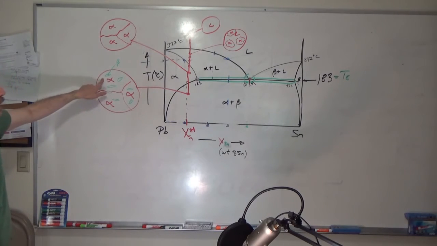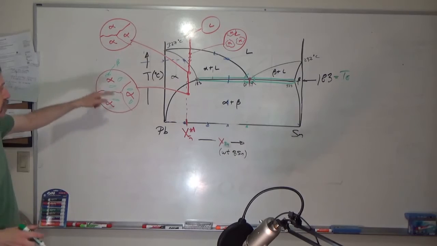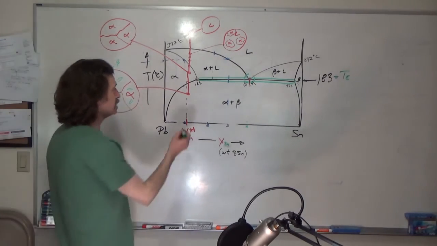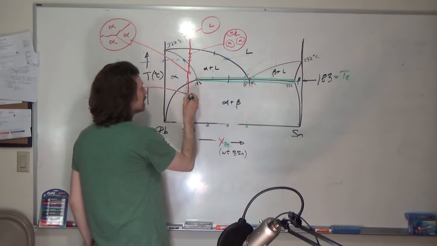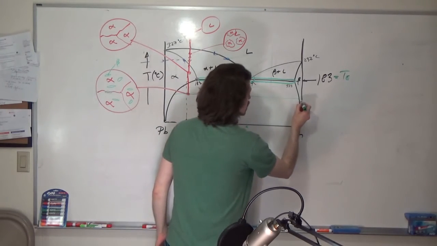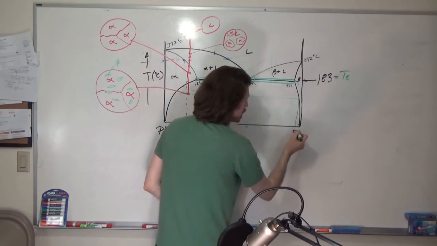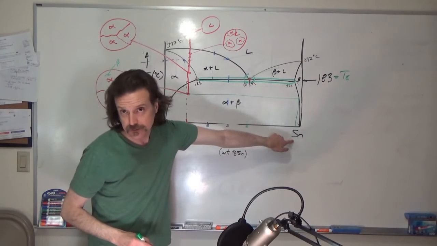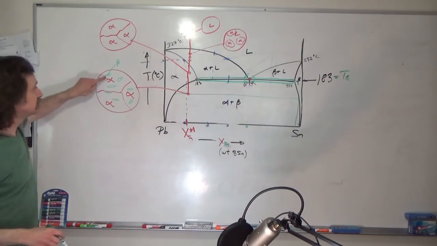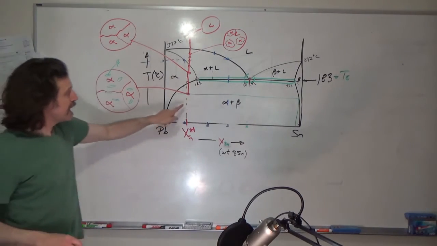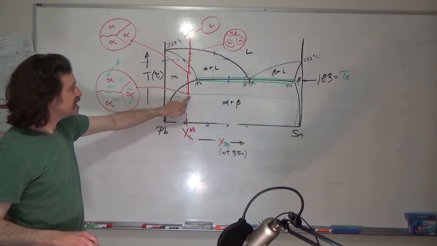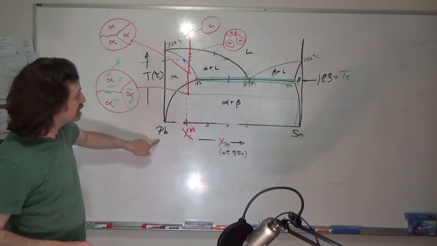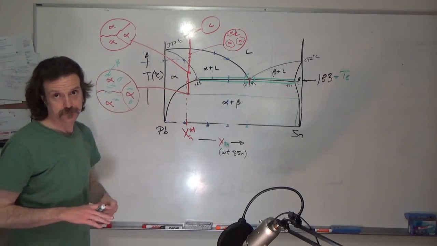And in this region, you can say, what's the composition of the beta? Well, you draw your horizontal tie line, and you see that your beta phase is extremely tin-rich. So these little precipitates are tin-rich, and the alpha phase is increasingly lead-rich as you decrease in temperature.